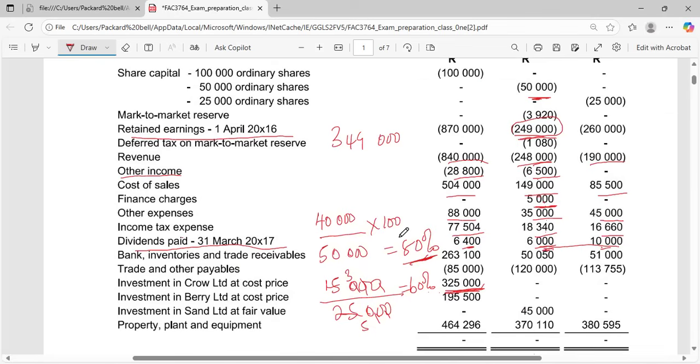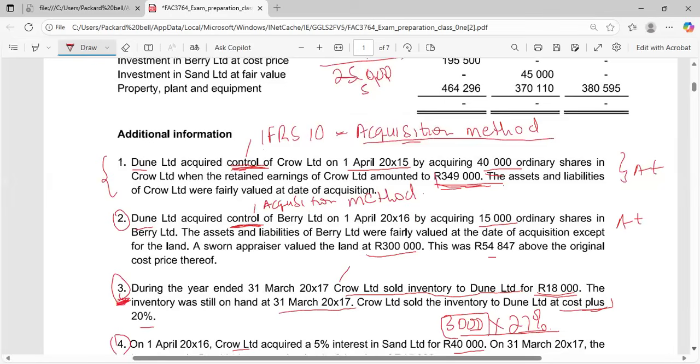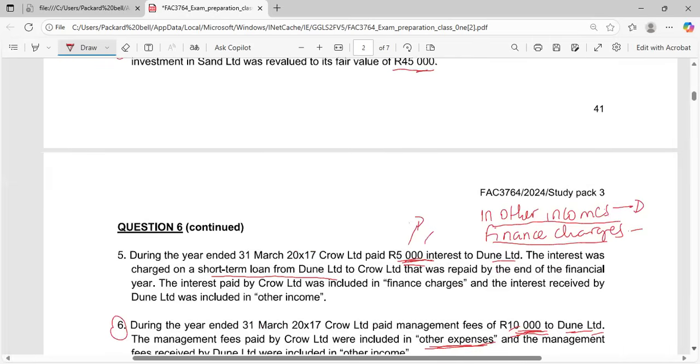June Limited owns 80% here, so 80% of the dividends are going to reduce the profit.